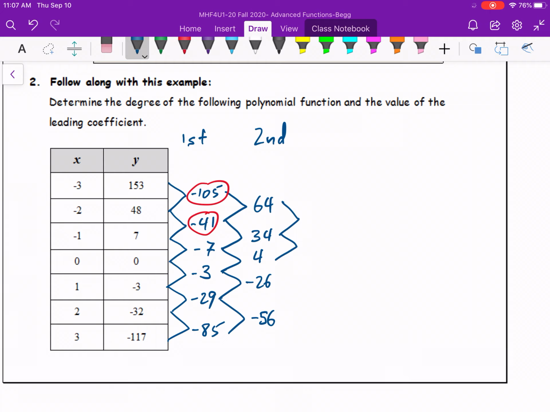I'll get 4, negative 26, and negative 56 for the second differences. We just keep going until we hit something that's constant. We know they're going to be constant at some level because the question tells us that it's a polynomial function. There has to be some level where they do all become constant.